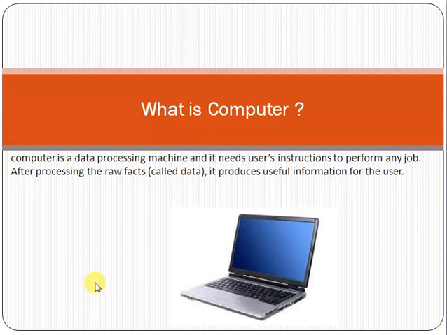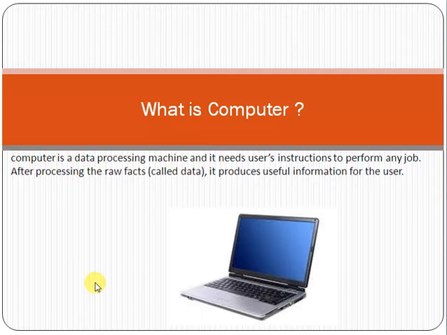Let me give you an example here. For example, you have a blender and you put some fruits and some milk in it. After putting in the fruits and milk, you click on the button and start the blender, and the blender blends everything, and after processing it gives you a very nice juice of fruit.